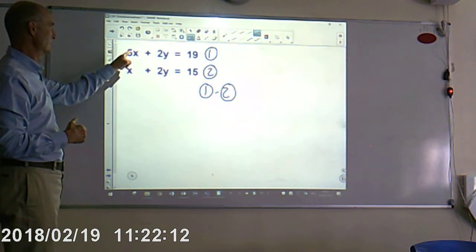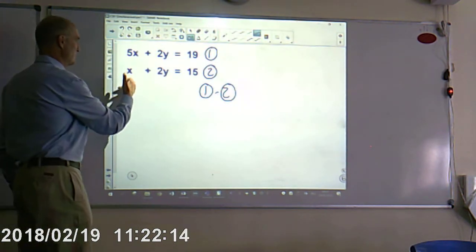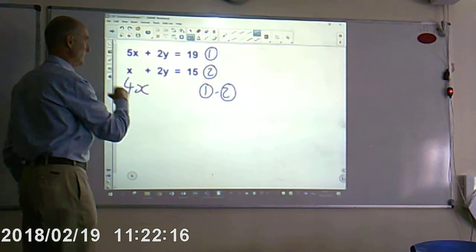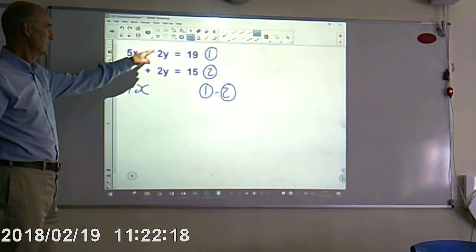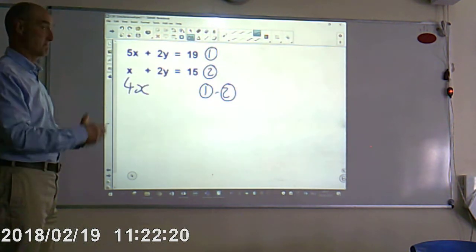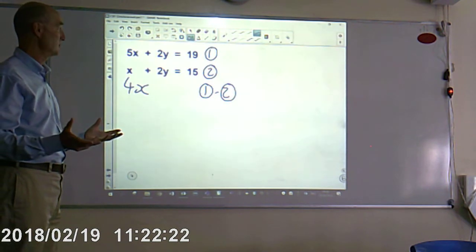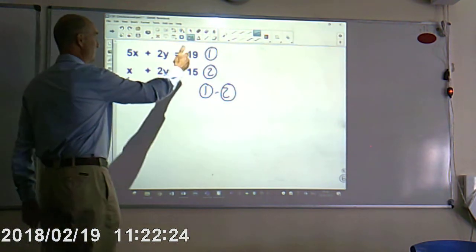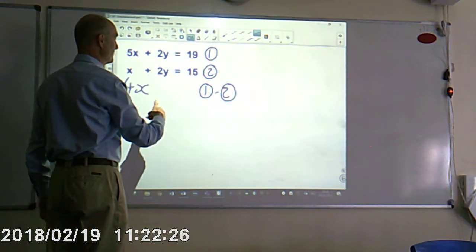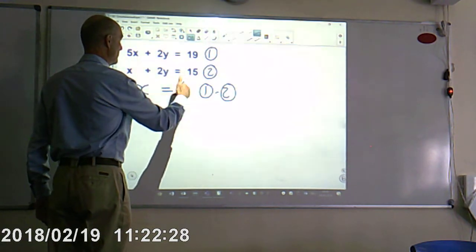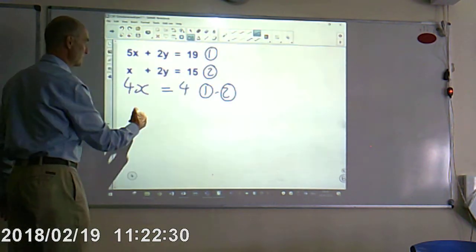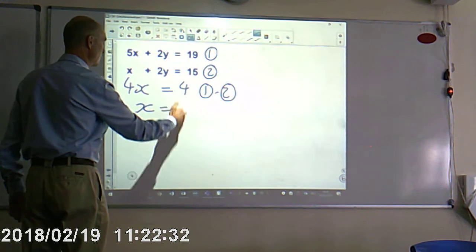So 5x take away an x gives me 4x. 2y take away 2y. Now that gets rid of my y's. 19 take away 15 gives me 4. 4x equals 4, so x equals 1.